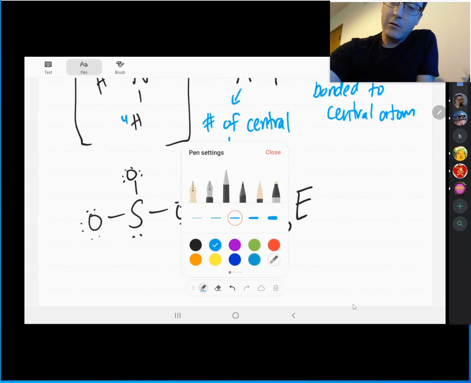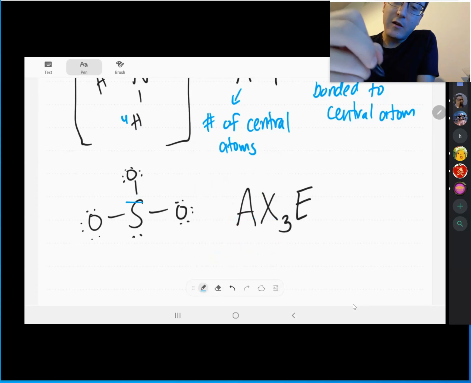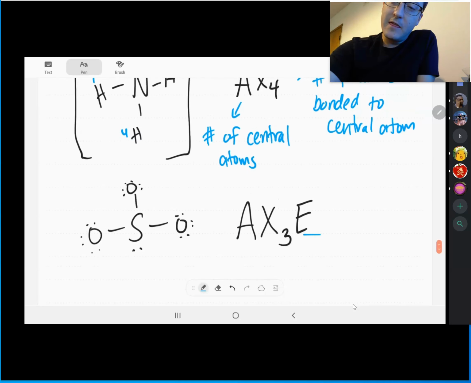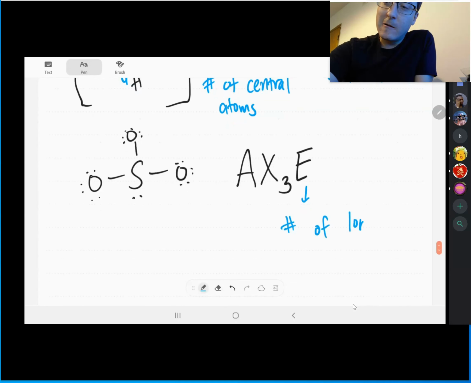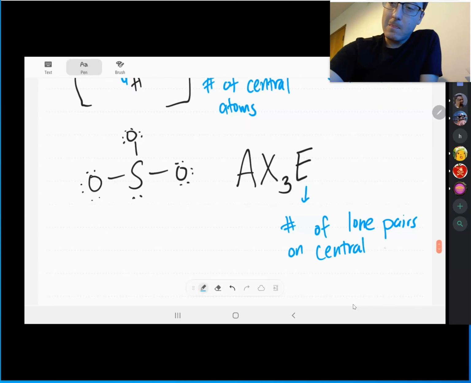So we have this now. E is going to refer to the number of lone pairs on the central atom. So in this case, we have AX3E.